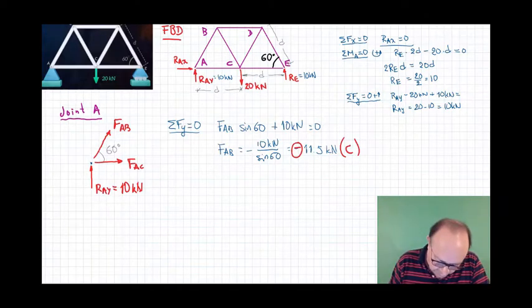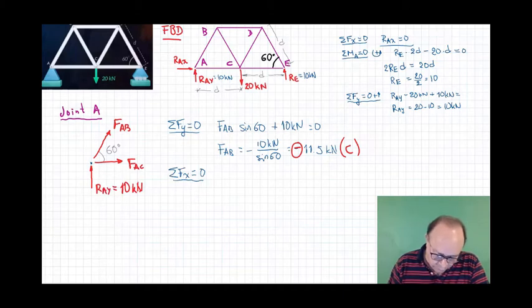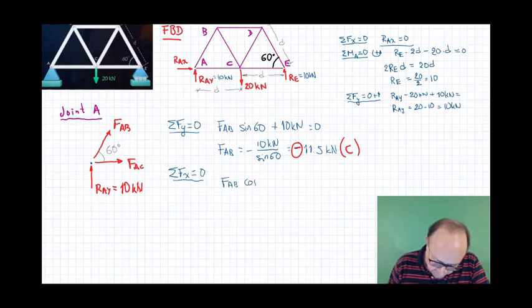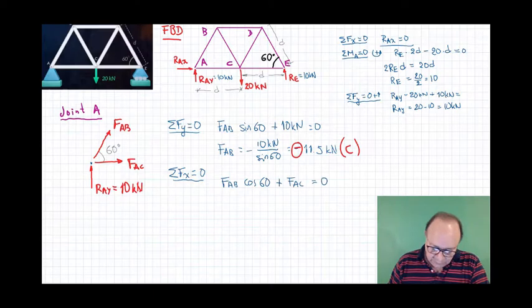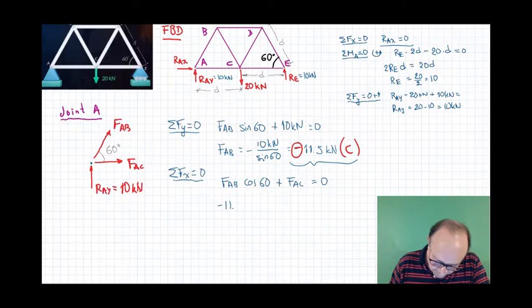Now summation of forces in the x direction equals 0. So you do FAB cosine of 60 plus FAC equals 0. Now you replace the value that you just found for FAB, minus 11.5 kilonewtons cosine 60 equals minus FAC.